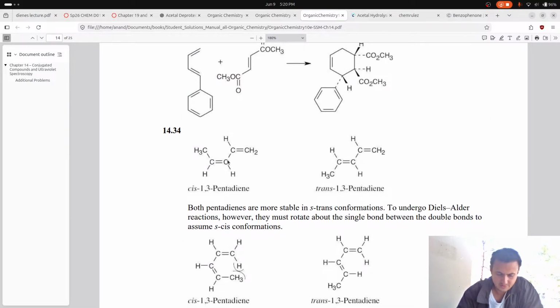This is a nice way to draw it. Cis. Wait, where's our cursor? Oh, it's over there.